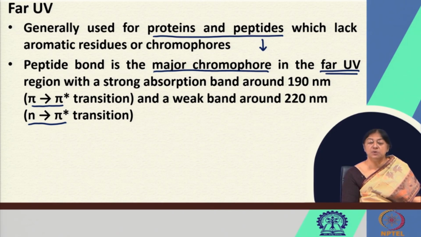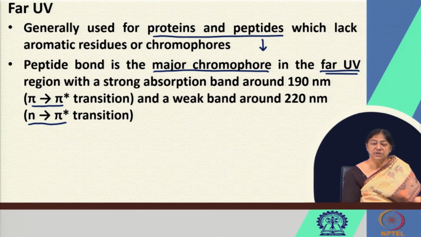The strong absorption band is around 190 nanometer, that is for the pi to pi star transition, and there is a weak band around 220 nanometer for the n to pi star transition. Now, these transitions occur for the peptide bonds.